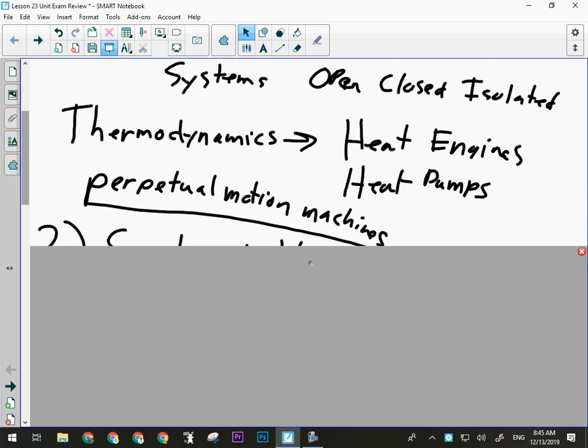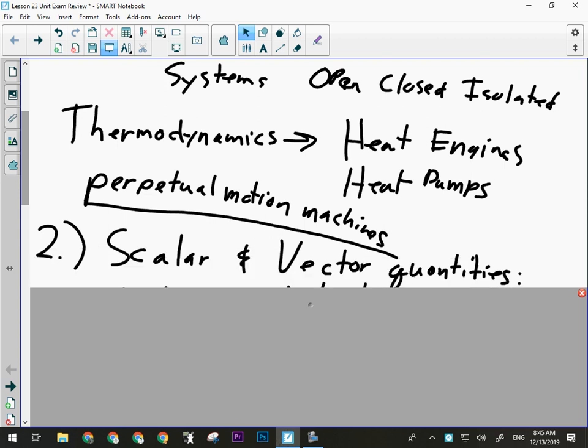And then after we talked about that, we talked about scalar and vector quantities. What were some scalar quantities that we went over? Time, distance, speed. What were some vector ones we went over? Velocity, displacement, acceleration. That's good. What are some other scalar ones?